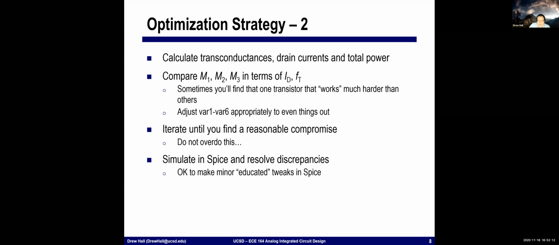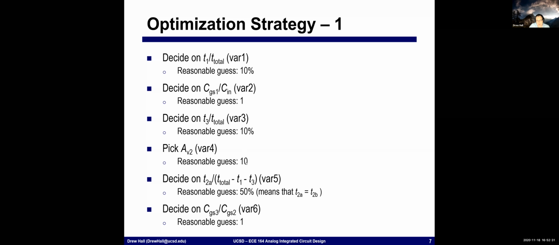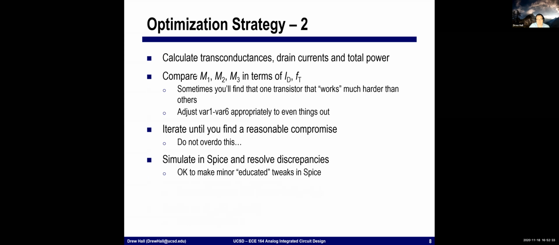And so you're going to find a reasonable compromise of partitioning the gain between the first and second stage, partitioning the bandwidth. And that's where having a script helps. I'm not talking about automating it and doing an fmin search or anything, but just saying that I could go back in here and quickly change this to 5, and it recomputes all of these other parameters for me.